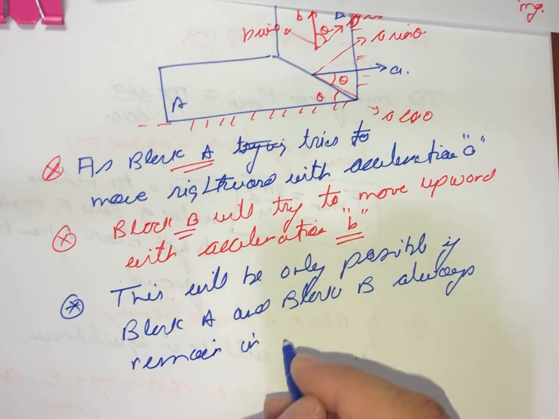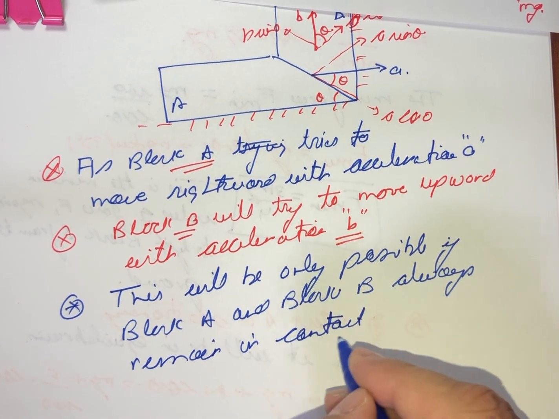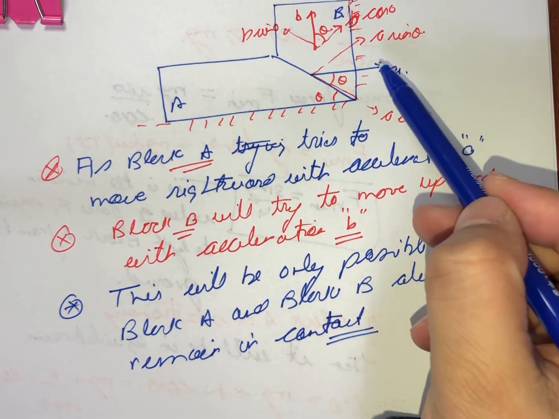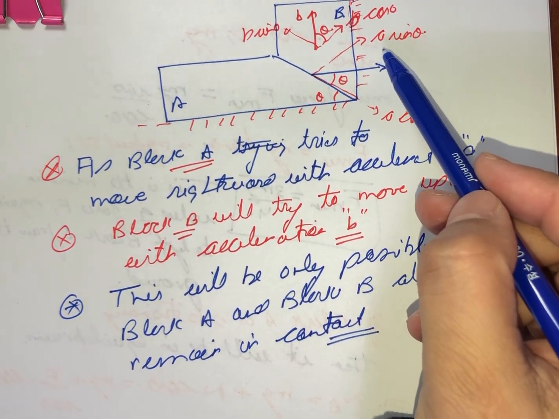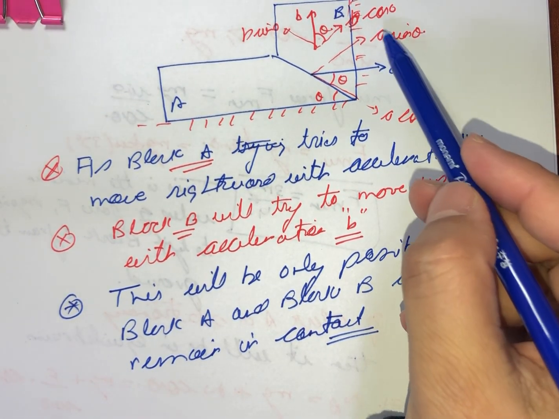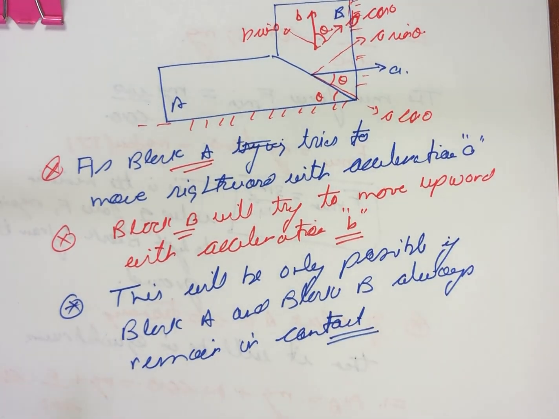So under this condition, we have two components, that is A sine theta and B cos theta. They should be the same. Okay.